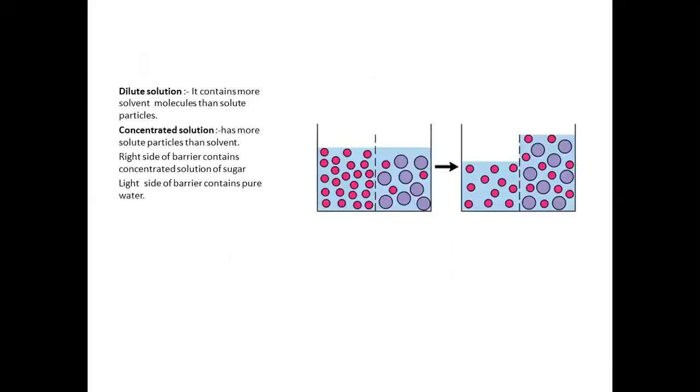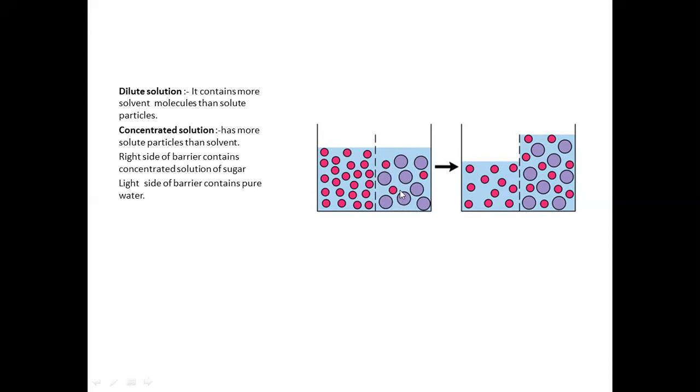Okay, next we have to discuss the difference between a dilute solution and a concentrated solution. A dilute solution is one which contains more solvent molecules than solute particles. A concentrated solution is one which contains more solute particles as compared to solvent particles. Now this diagram shows that on the right side we have a concentrated sugar solution, the one which has more sugar particles as compared to water particles.